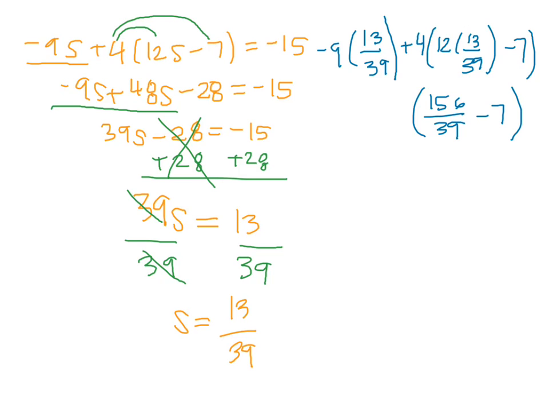And 156 divided by 39 actually happens to be a whole number, and that number is 4. So I rewrote everything. Let's change 156 divided by 39 into a 4.